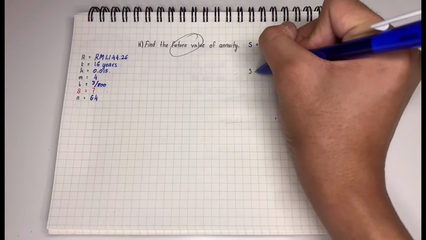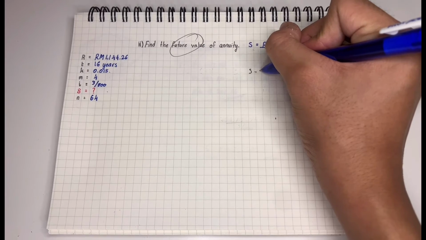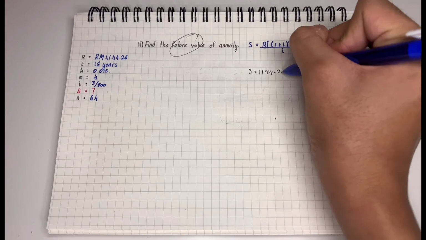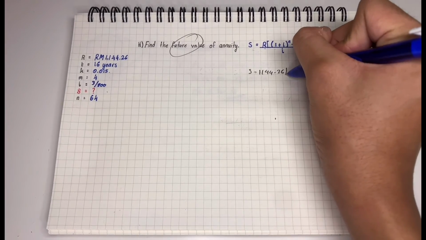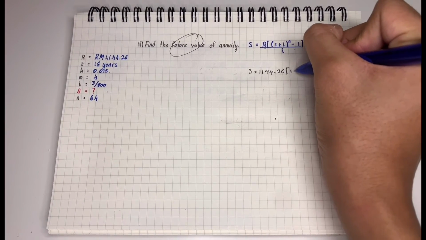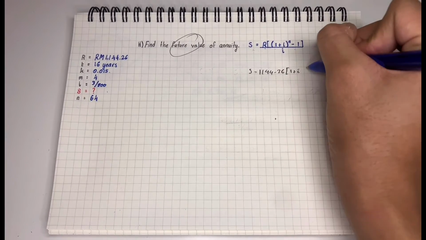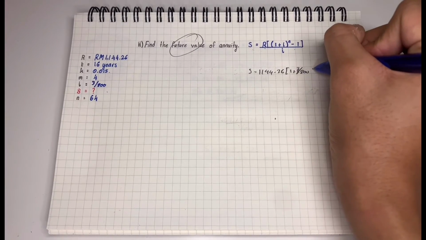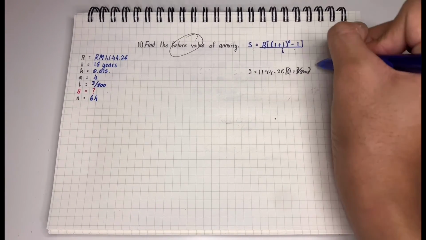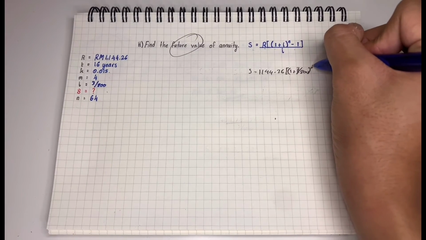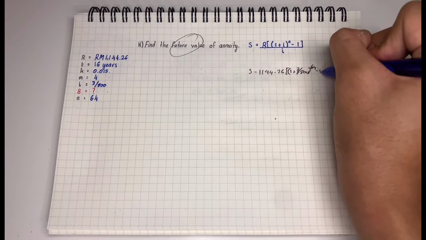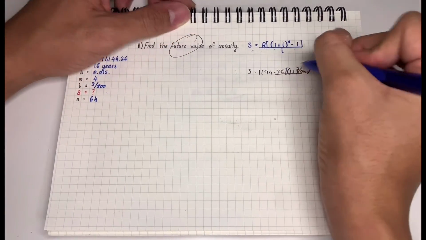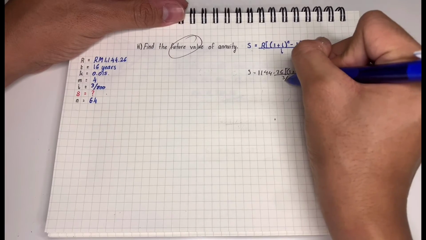So S equals R, which is 1144.26 cents, and bracket 1 plus I, which is 3 over 800, to the power of n, which is 64, minus 1, and over I again, which is 3 over 800.